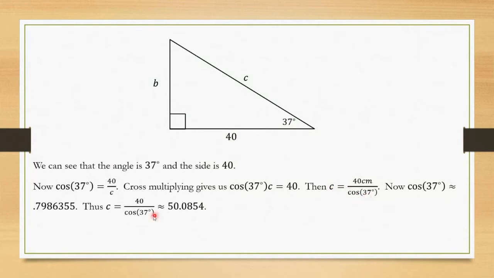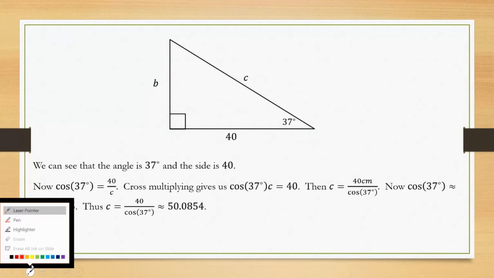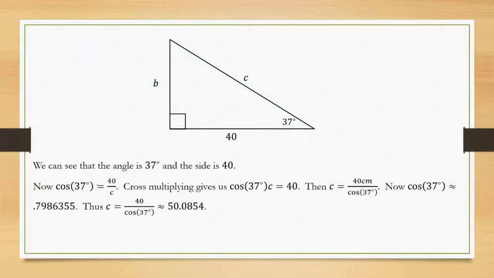Actually, I wonder if maybe I should show the steps. Let me do that. I have the pen here, so bear with me. If I take this and multiply both sides by C, this cancels, and we get this over here.